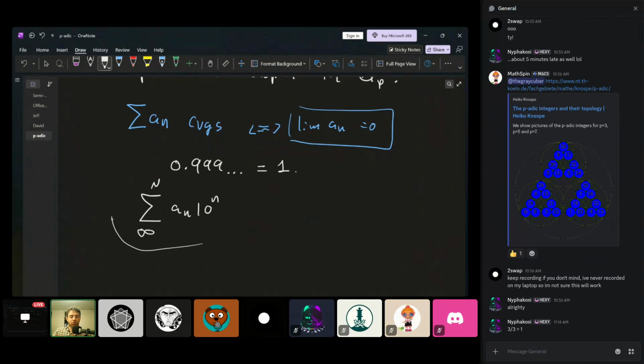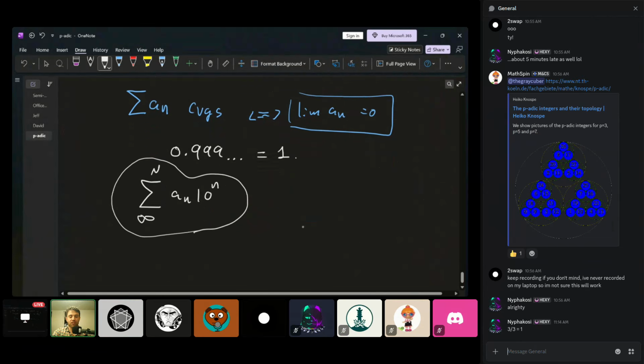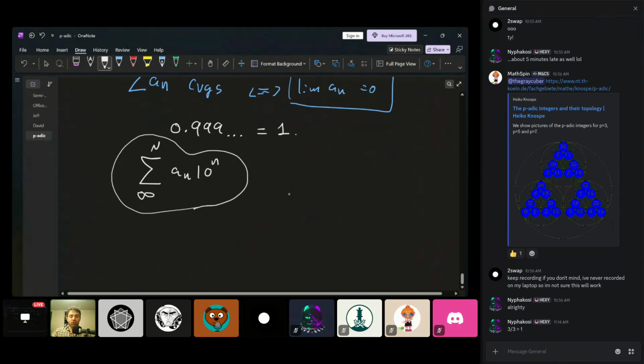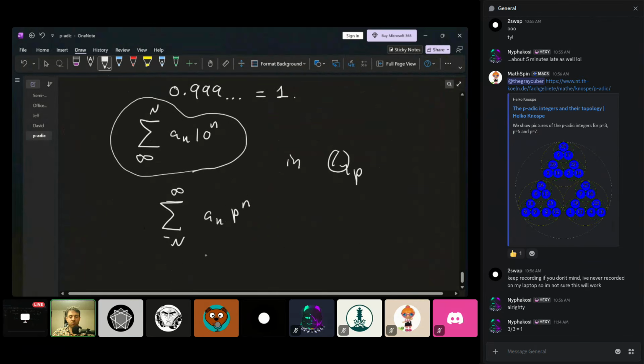If you choose to represent a real number in its base 10 expansion, it's not unique. However, if you choose to represent a p-adic number in its base p expansion, it actually is unique. So there's a unique way to write every p-adic number in its base p expansion.